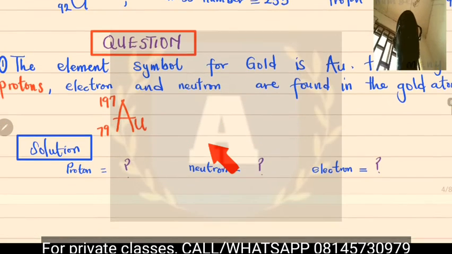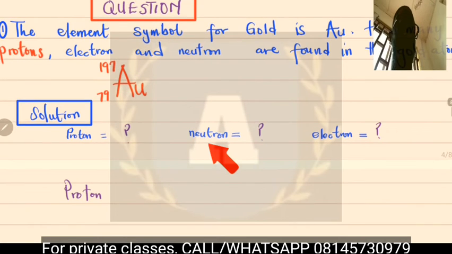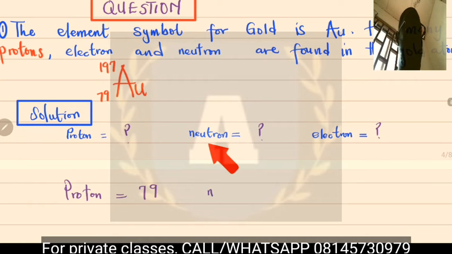So how do we get the proton number? The proton number, which is the same as the atomic number, is 79. Okay, so how do we get the neutron number?